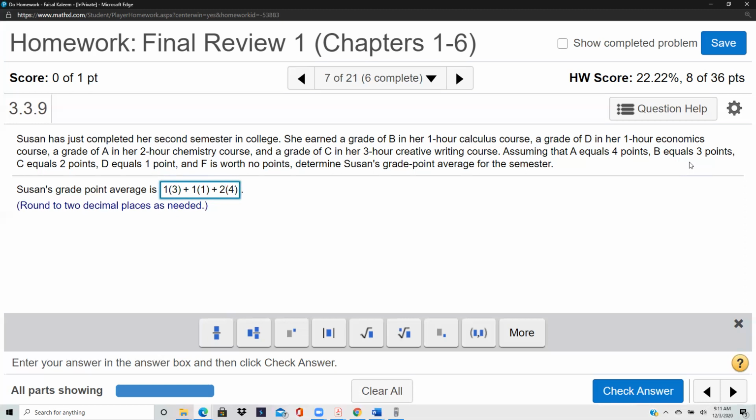Then 3 hours, so 3 times, and it was a C, so 2. And obviously you know that this is not the GPA, because GPA cannot be more than 4, right? And then what else do we do after this?